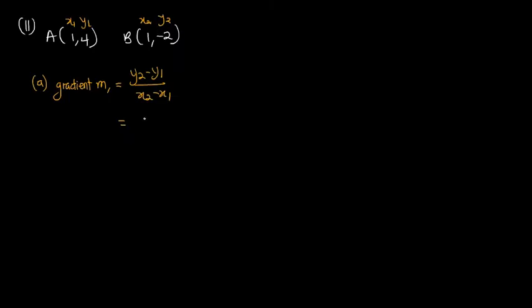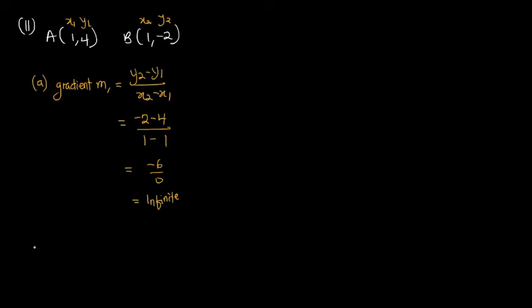So my y2 here is -2 minus my y1, which is 4 here, on my x2, which is 1, minus my x1, which is also 1. So this is equal to -6 on 0, and then any number which is divided by 0 will give us infinity. So the gradient over here is infinite.